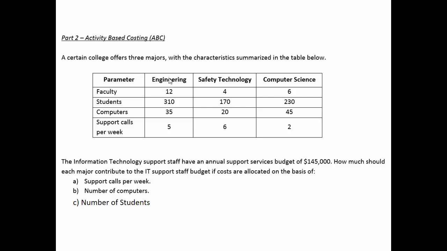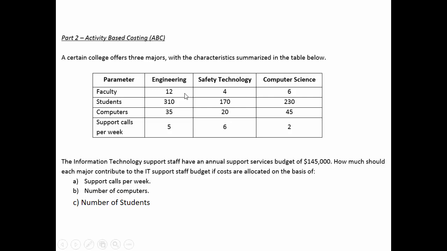Sometimes it's just not as simple as dividing the bill by 3. Like if you've got roommates and one person loves to crank up the heat, maybe they should pay a little bit more of the gas bill than the rest of you who are willing to put on a sweater. That's kind of the idea here, is you look at what activities are actually driving the costs, and then you recover the costs according to the level of activity.